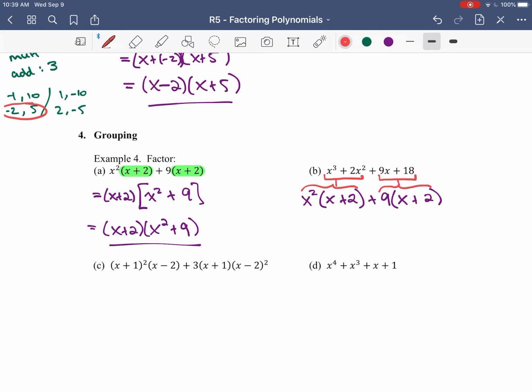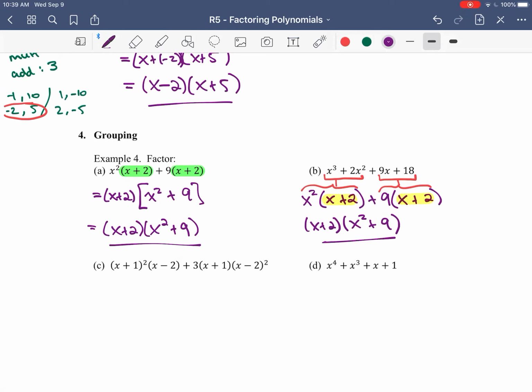Now we can use the same trick we used in part A. I see x plus 2 is in both of these two terms. Now I have two big terms, so I can take out x plus 2. From the first term, I have x squared, and from the second term, I have plus 9. So there's my factored form.